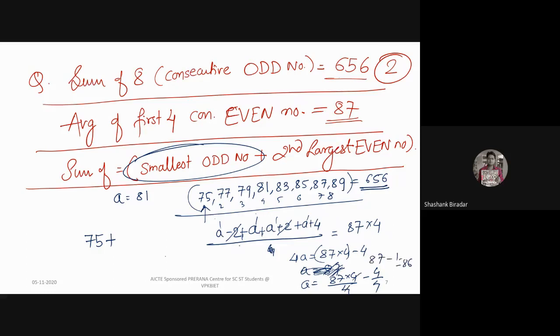So if I put 86 over here, then we can have 84, 86, 88 and 90. So what has been asked? The sum of the second largest even number. The second largest even number is 86. Put 86 over here: 6, 5, 11, and again 8, 161.